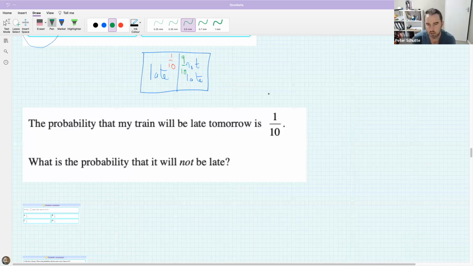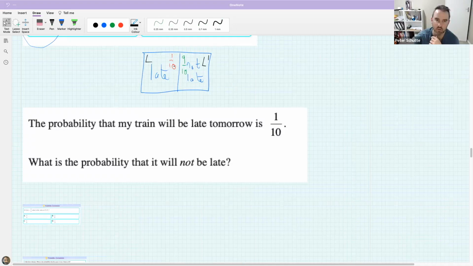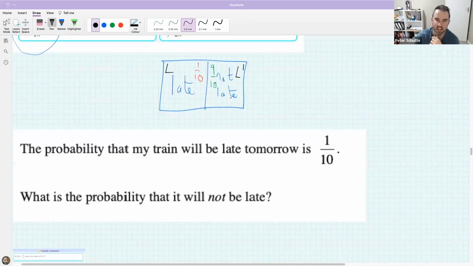Now, a fancy way of doing this, using probability notation, we would call this L. And if it's not L, we just say L dash. So sometimes in maths, we like to use abbreviations. And so if I say L dash, that's everything that's not late.